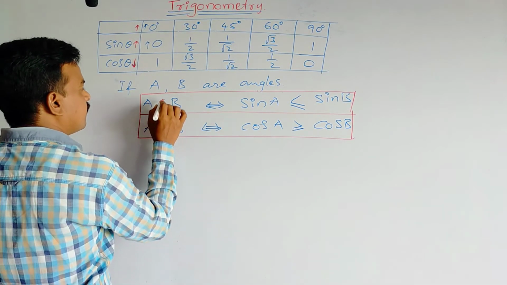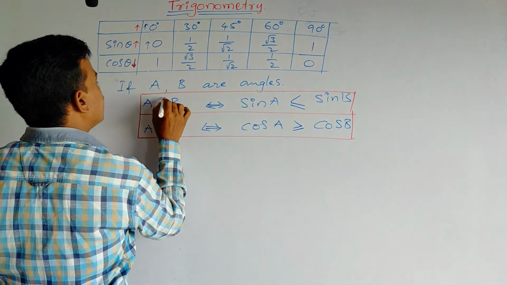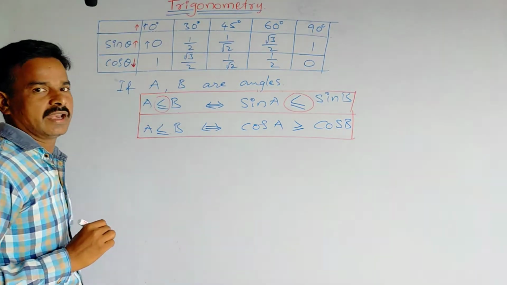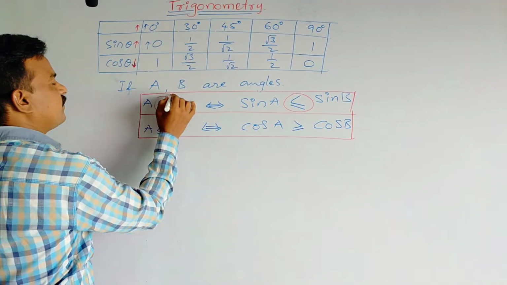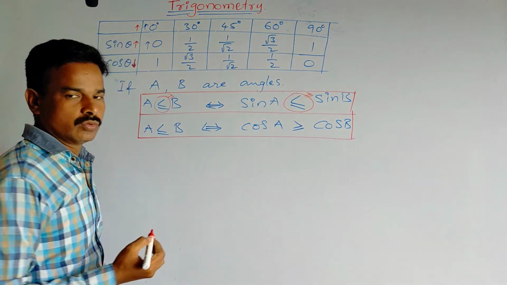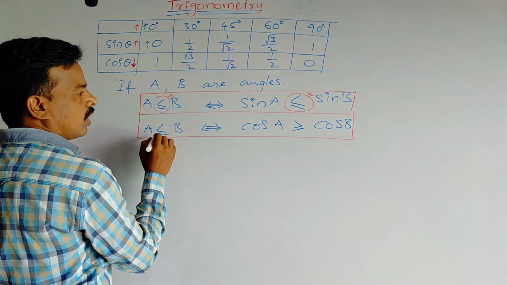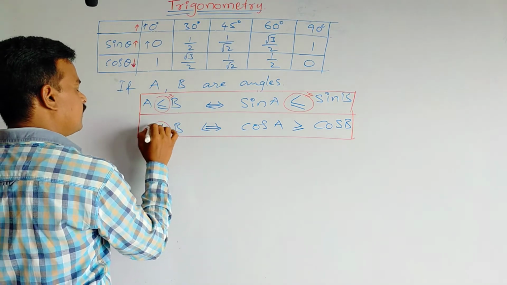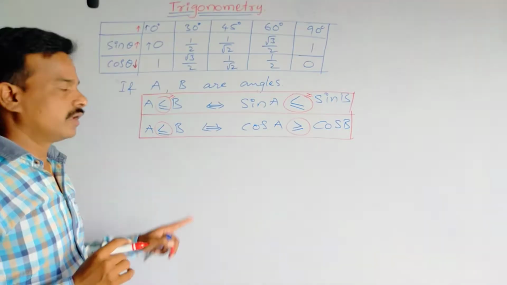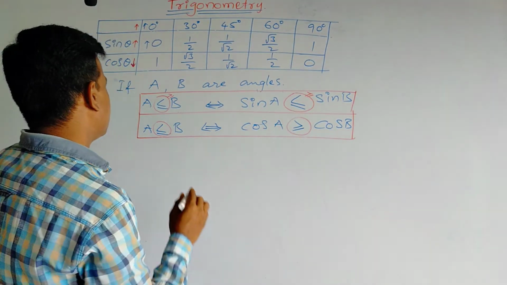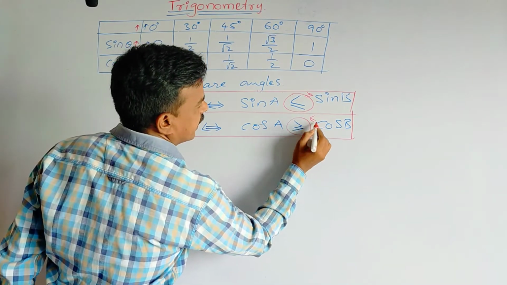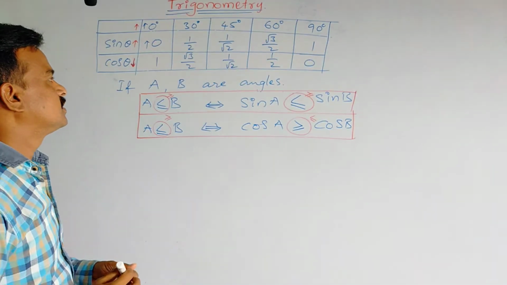If in sin the sign is less than or equal, then here it is less than or equal. Suppose if here greater than or equal to, then here also greater than or equal to. Now you observe in cos, if it is less than or equal, then this is greater than or equal, in reverse manner. If this one is greater than or equal, then this one will be less than or equal. This is the important point.